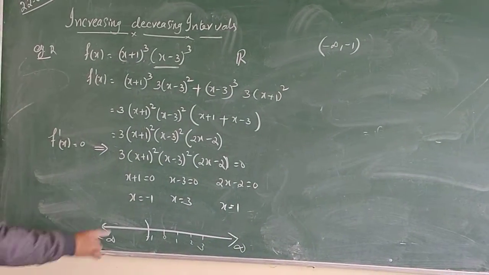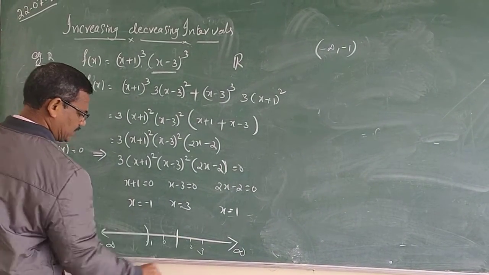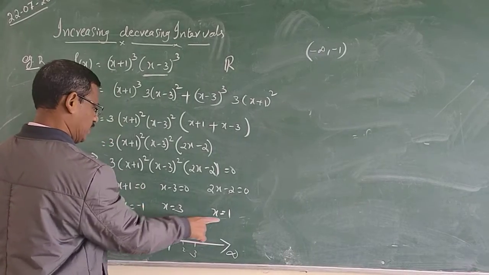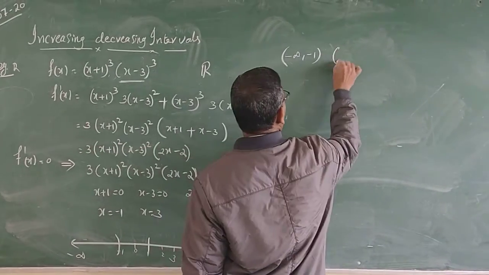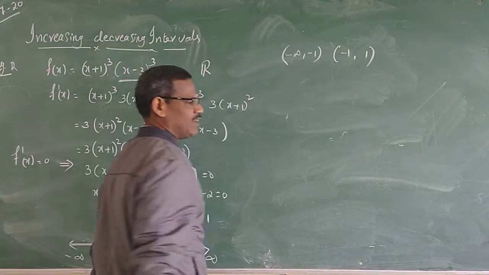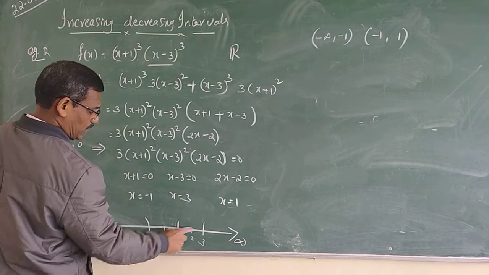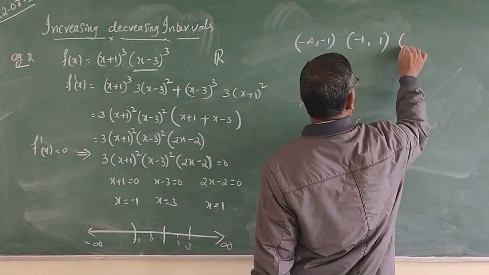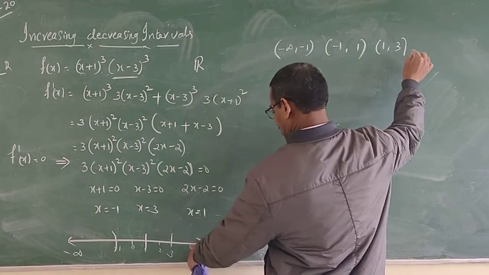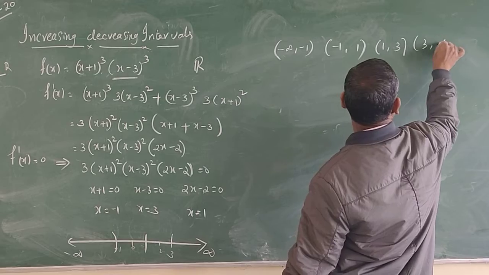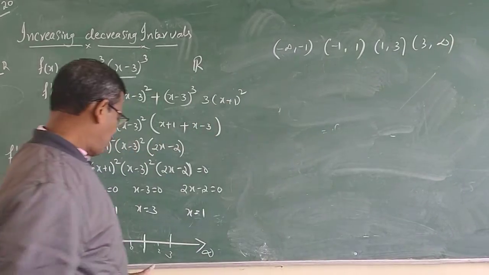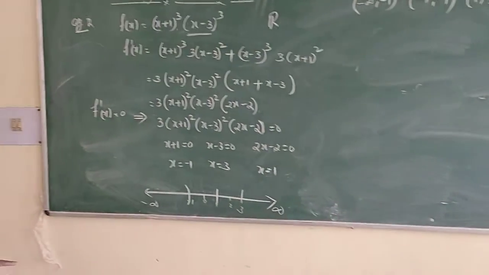Then -1 to 1 is another interval. Then 3 is also there, so 1 to 3 is another interval, and then the rest, that is 3 onwards. So we got 3 turning points and thereby 4 intervals.